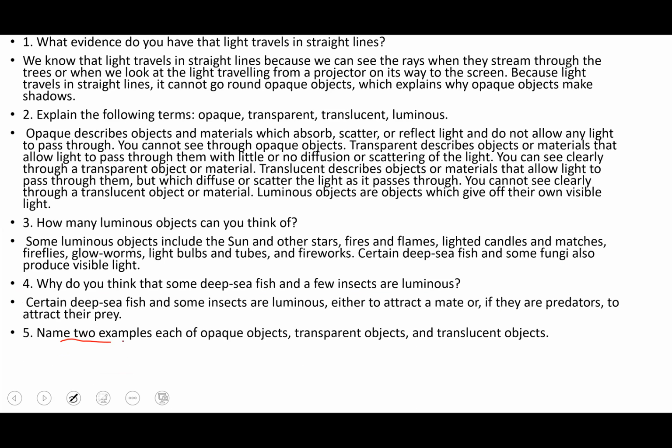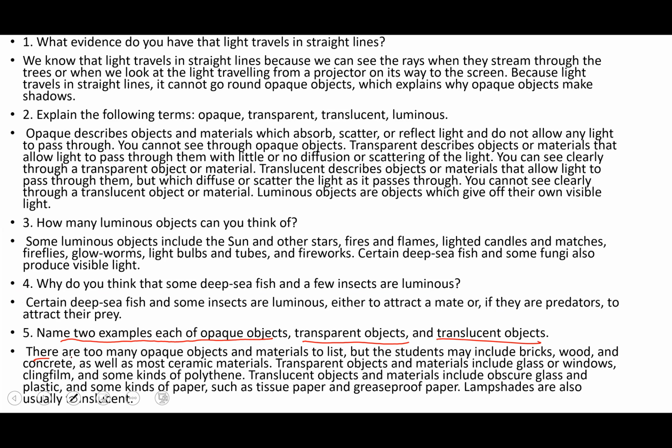Name two examples each of opaque objects, transparent objects, and translucent objects. This is question number 5. Let's answer this. There are too many opaque objects and materials to list, but the student may include bricks, wood, and concrete, as well as most ceramic materials. You can include fans, yourself, or the chairs you are sitting on.